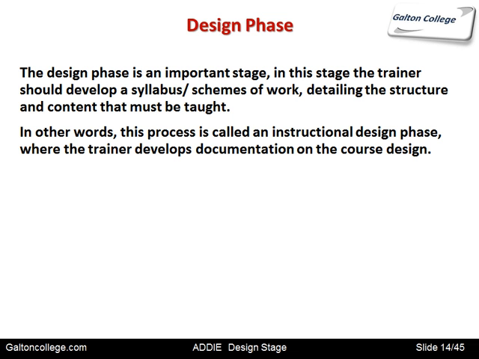The taught material is what will be assessed at the end, and it's important that the outcomes from the training program are precise to what was required, and they've also been delivered in an efficient manner. So it's important for the trainer to work through what is required.